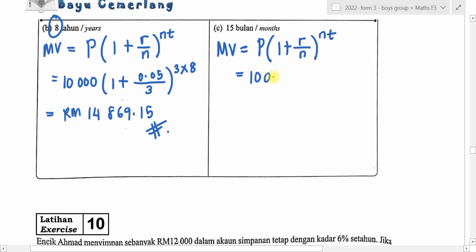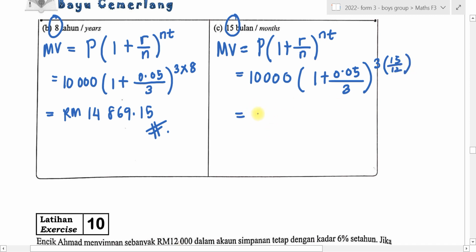So, let us substitute things here. 1 plus 0.05 over the N is 3 times. This 3 goes up here, but time must be in years. Remember that? So 15 months means 15 over 12. Okay, so how much is that?